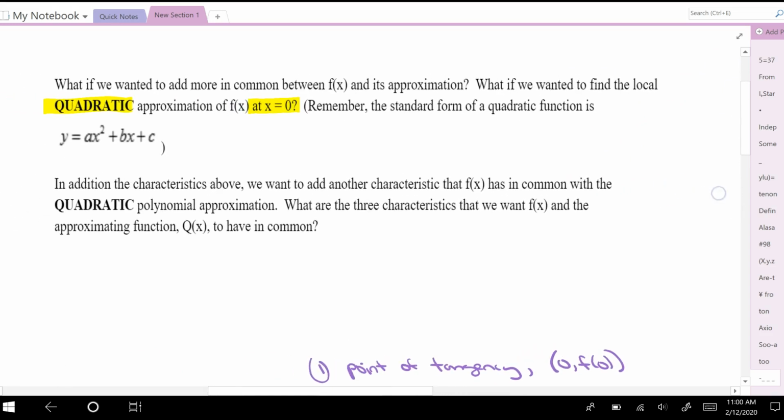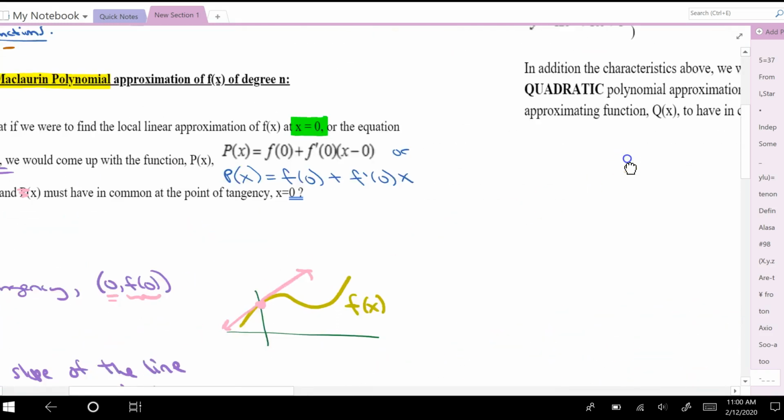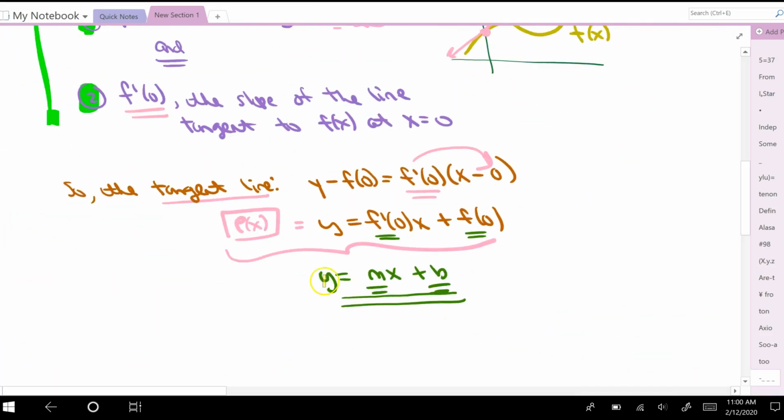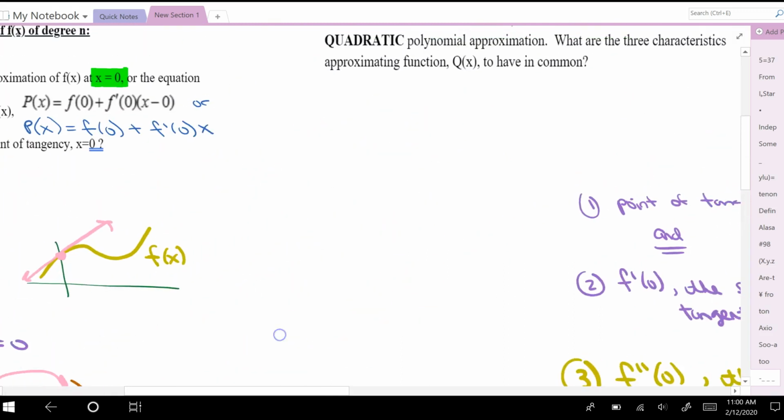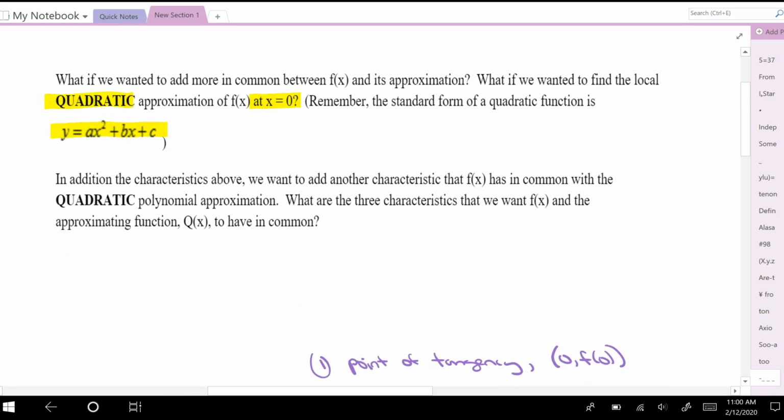So let's say I want to find a local quadratic approximation of f of x at x equals 0. And just as we talked about in the previous module, this is the generic linear function. I'm giving you a reminder that a generic quadratic function looks like this. In addition to the characteristics that the approximation and the function share with respect to the linear one, we want to add another shared characteristic.